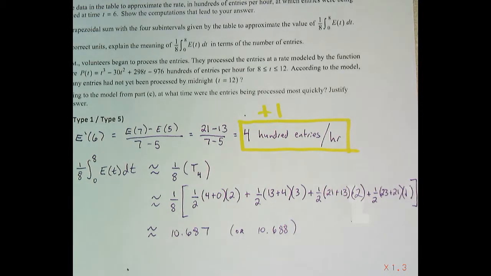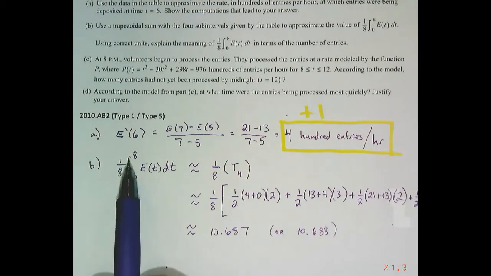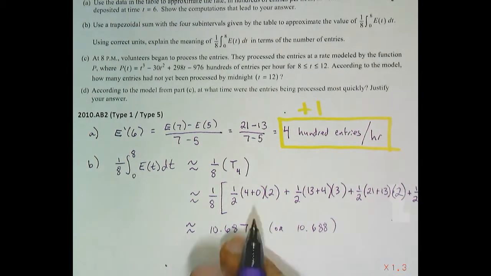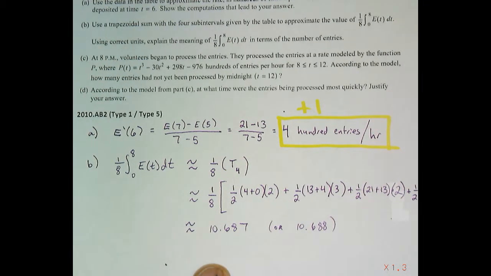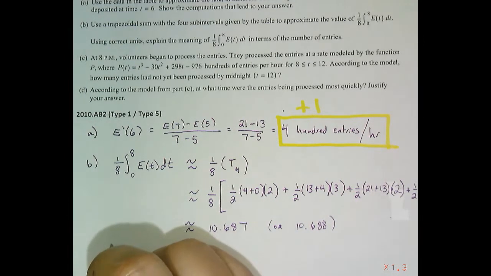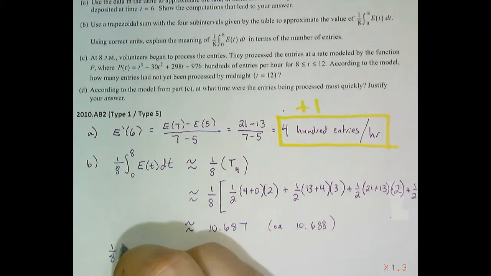And the meaning of this, well, we're doing 1 over b minus a integral a to b of a function. So this is going to be our average function value. So they ask us to find the value and then interpret the meaning.